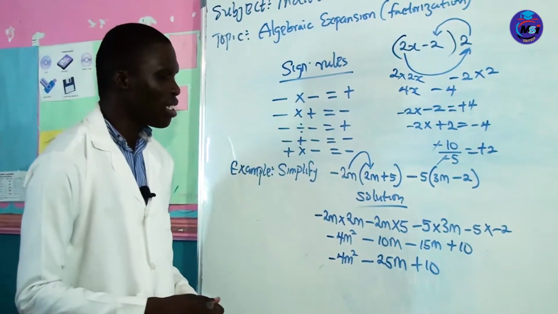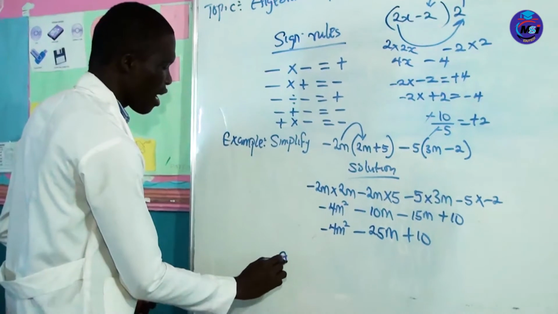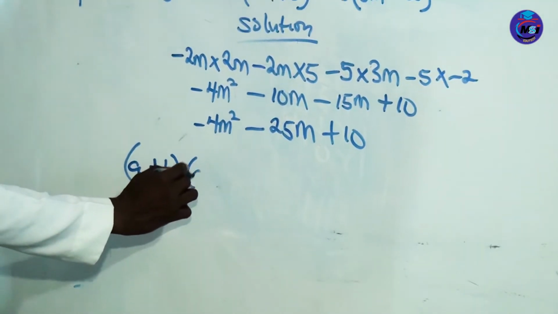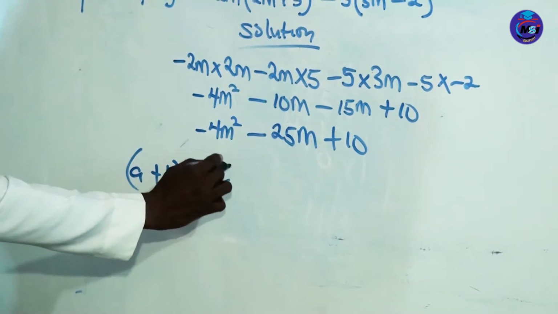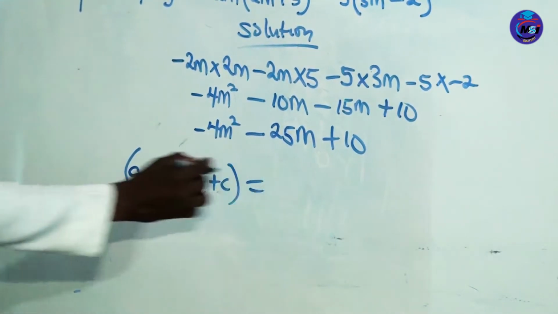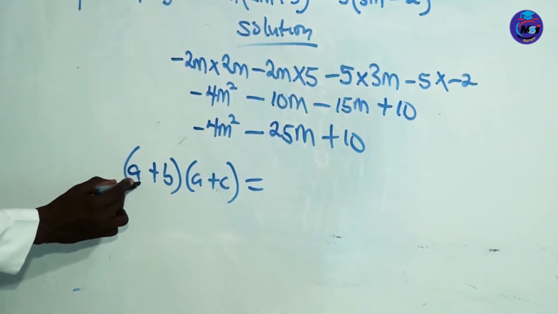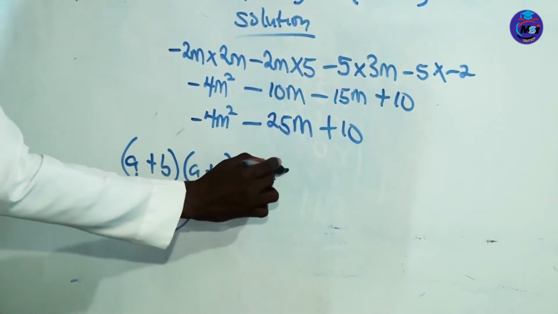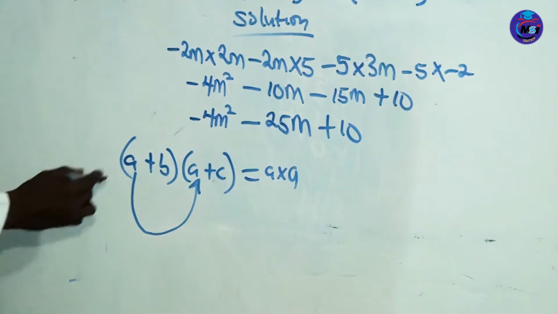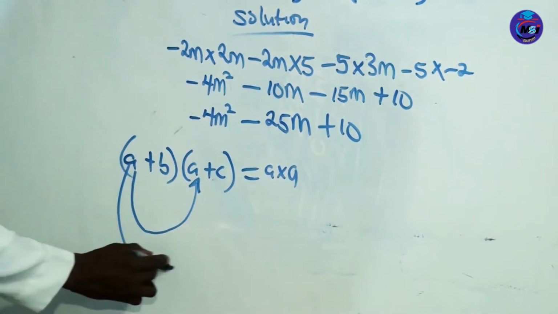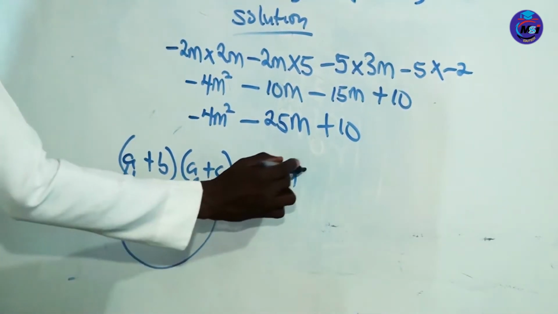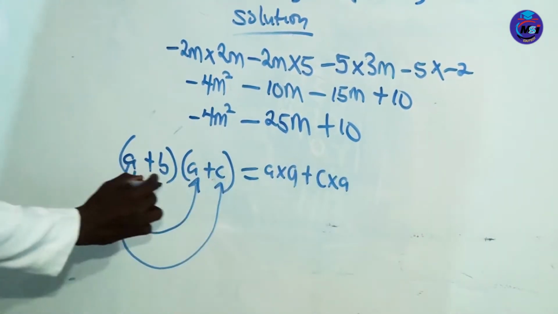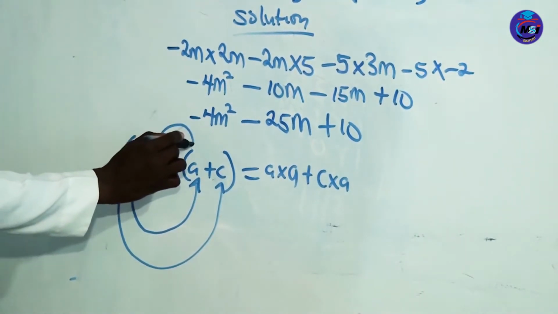Let's say, for instance, you have (a plus b)(a plus c). How can you do that? This a will times this a. We say a times a. This same a will times this c, plus c times a. Then this b will times this a.